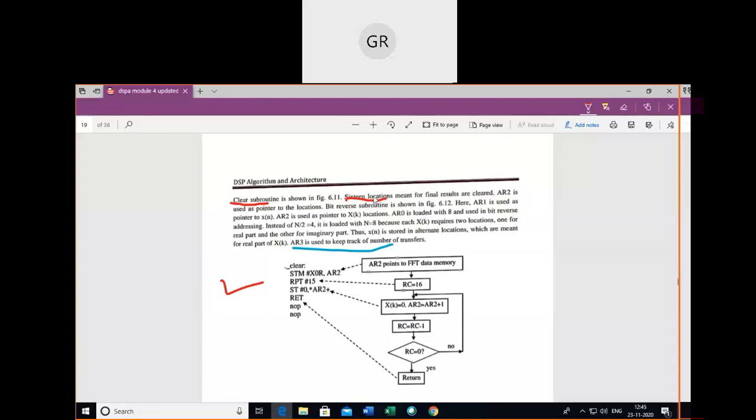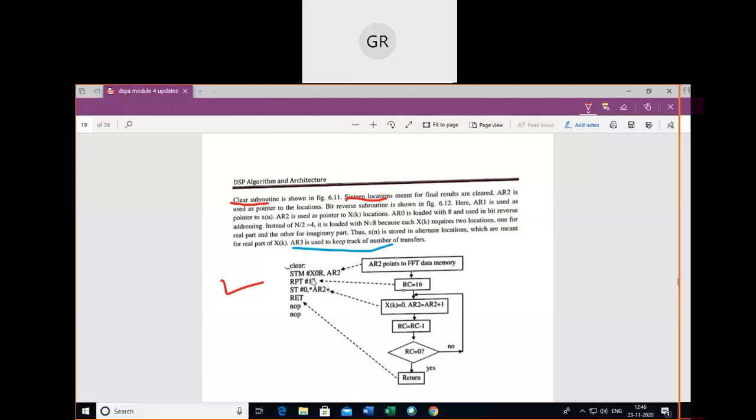That means here total 16. That's why AR2 initializes 16 locations.